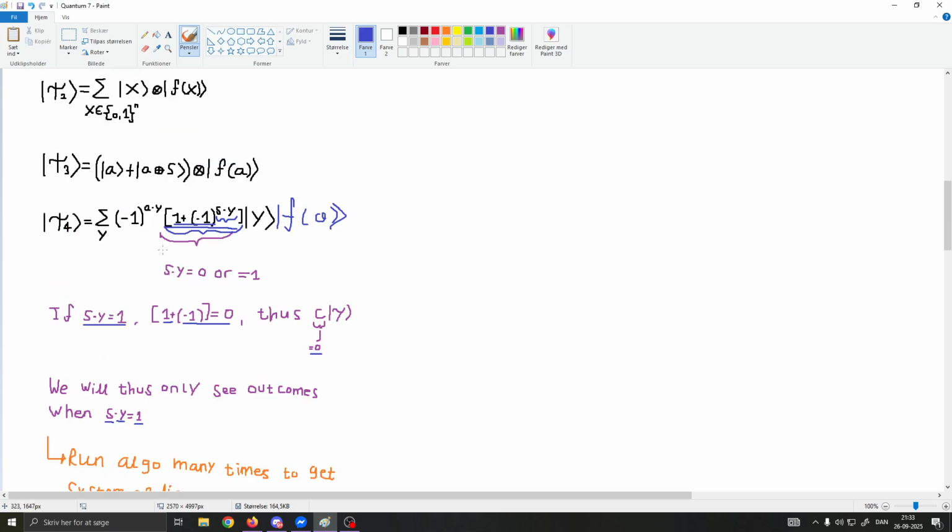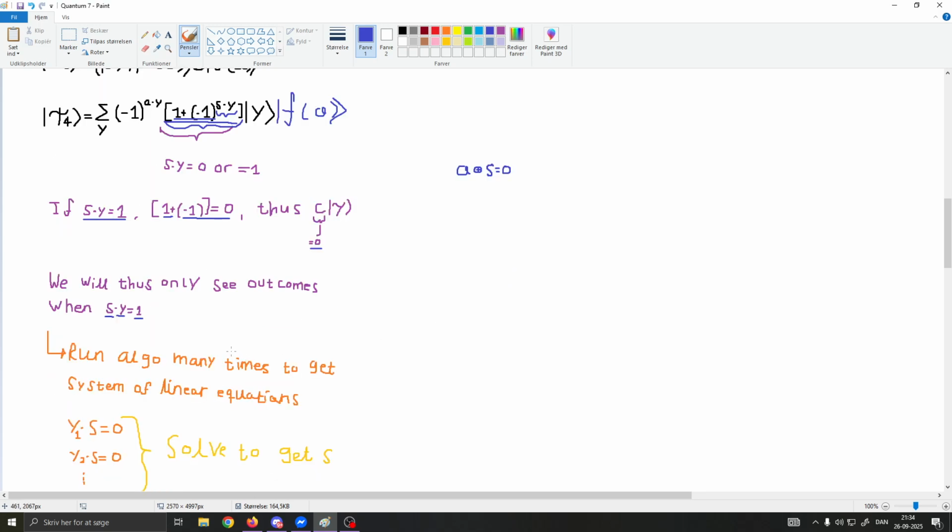In that case, it becomes 2 divided by 2, because I didn't bother to write out the normalization, but the amplitude for this specific ket would become 1. In other words, what I'm saying is when we measure and then perform a Hadamard, the only possible states available are not the cases where we have our specific mask, but only the cases where we have our code dotted with the mask like this.